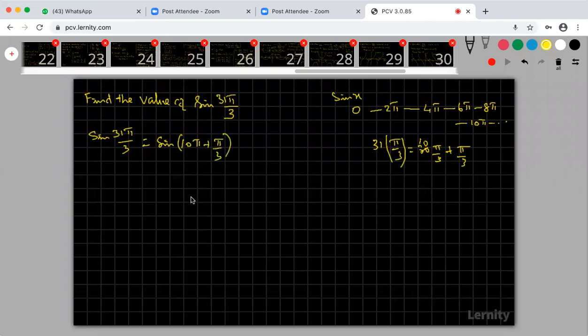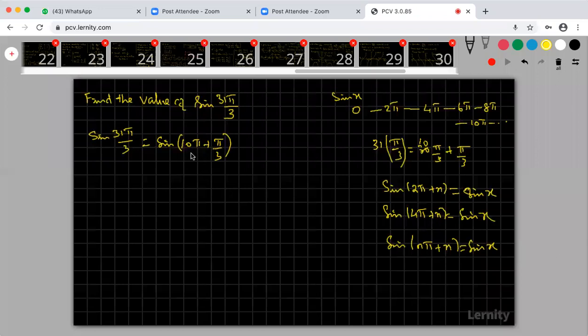We have one formula: sine of 2 pi plus x is equal to sine x only. Sine of 4 pi plus x is also sine x. Similarly, sine of 2n pi plus x is again sine x only.